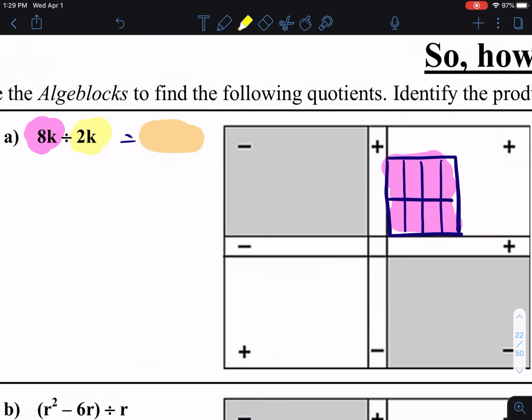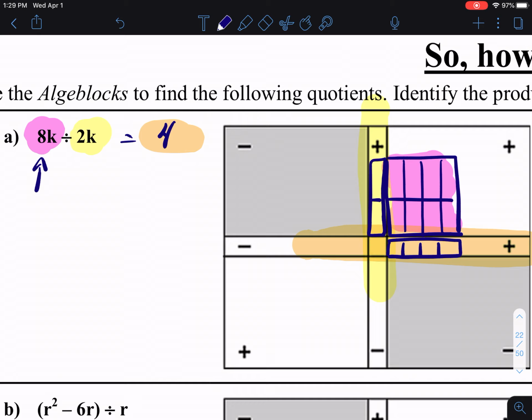And we said that we knew that our vertical factor is going to be 2K. And we needed to figure out what our horizontal factor is going to be. Well, we can see that in order to make things line up, that horizontal factor is going to have to be 4.